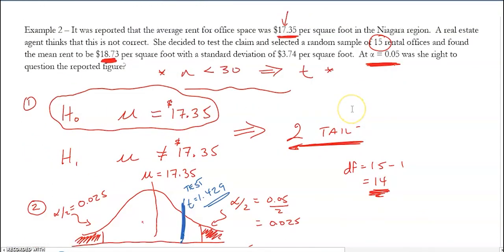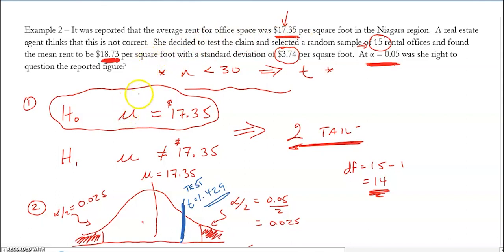I want to mention, even though our sample of 15 office spaces gave us a value that is above the average, the thing is that when we factor in the size of the sample as well as the standard deviation, we're just not far enough away from 17.35 to say that they are actually different.